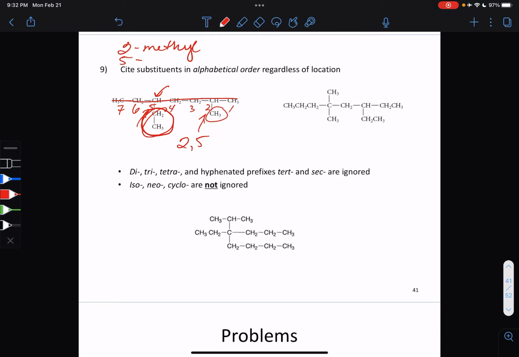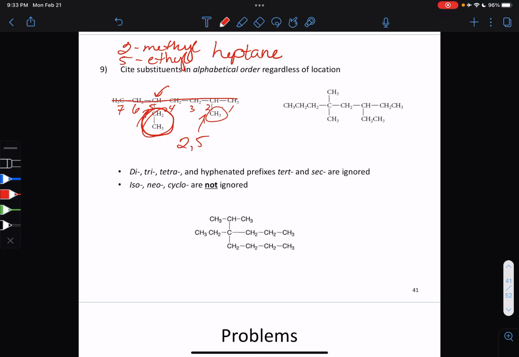Don't grab the parent chain carbon. A 2-carbon substituent is called ethyl. Not Mildred, not Bertha, just ethyl. Alrighty, so we have a 2-methyl and a 5-ethyl, and we have a 7-carbon parent chain, which is called what? It's called heptane. That one's the weird one that a lot of people don't remember.